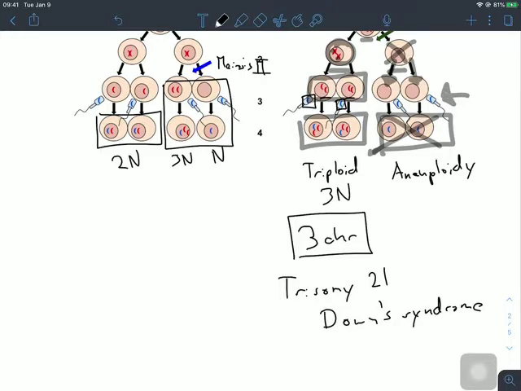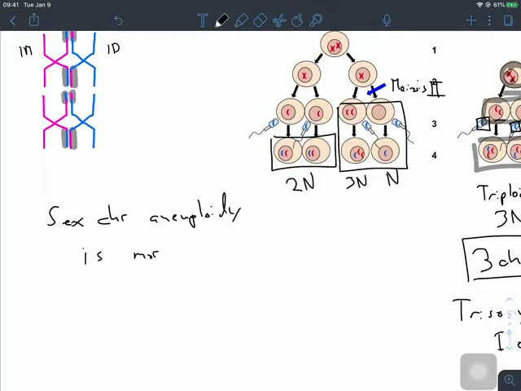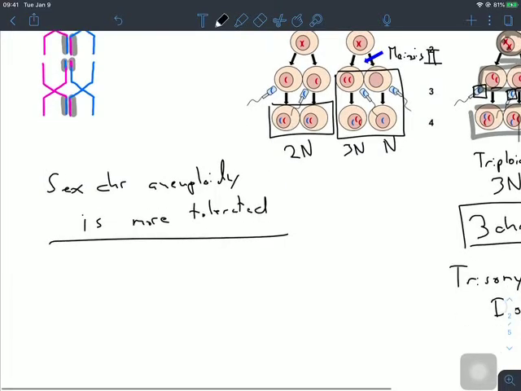However, this chromosomal variation that applies to massive problems in autosomes is not the same in sex chromosomes. So your sex chromosome aneuploidy is better tolerated. And this has to do with the fact that we have genders determined by different chromosome counts.